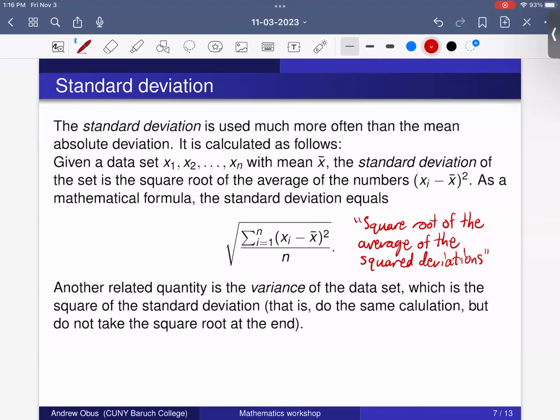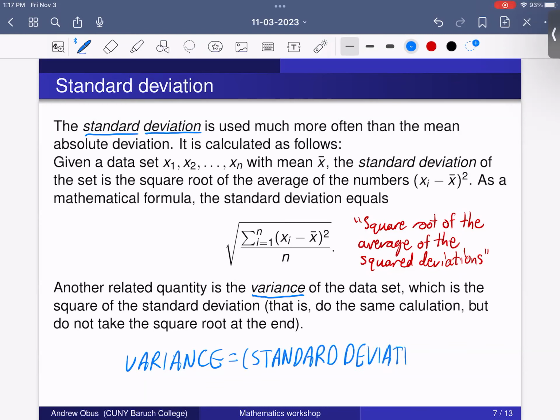I should mention that this is the standard deviation over here. And there's a related quantity called the variance, which is exactly the same, except that you don't take the square root at the end. So the variance equals the standard deviation squared. Since the standard deviation has this square root on the outside, when you square it, all you're doing is canceling the square root.